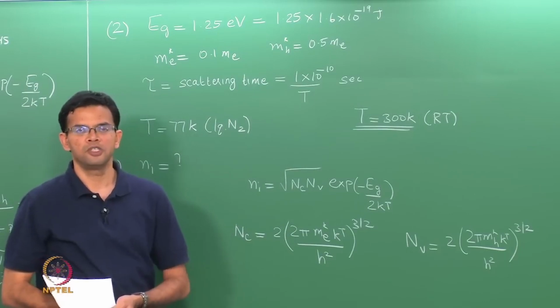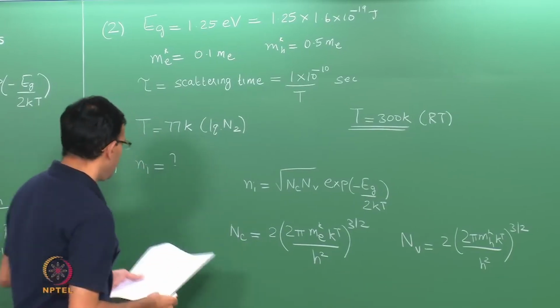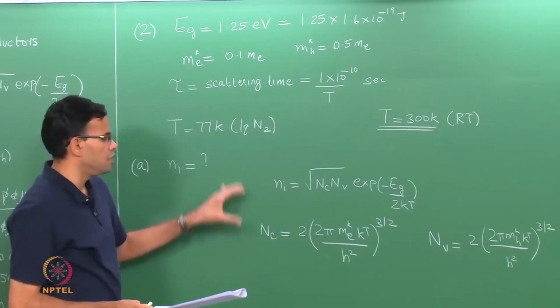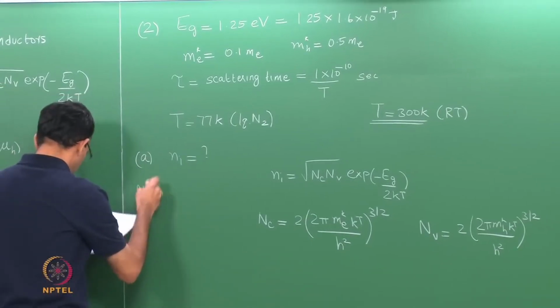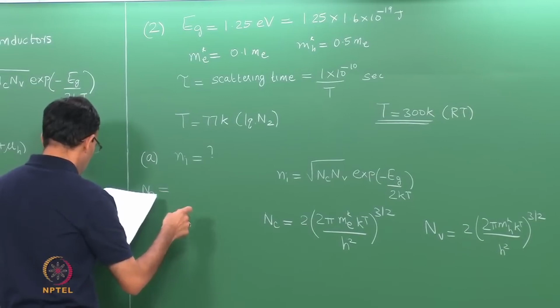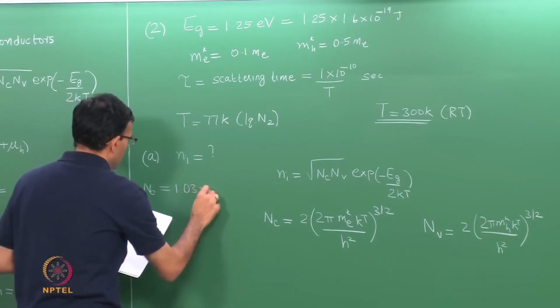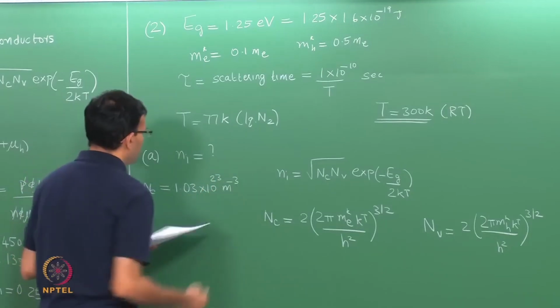It is your Boltzmann's constant that has a standard value. So, once we plug in the numbers, I am just going to write the final answers, but you can go through and check. So, Nc at 77 Kelvin is 1.03 times 10 to the 23 per meter cube.